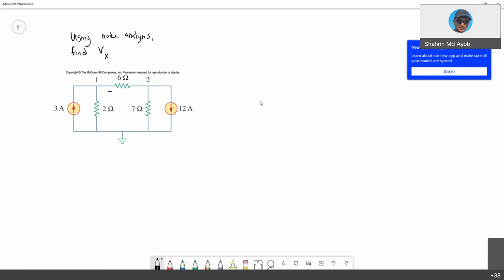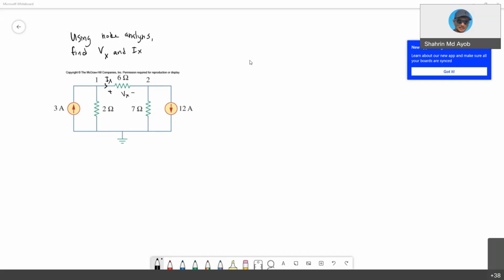So what is Vx? This is your Vx. And Ix, for example. Okay, so Vx and Ix. So the question is this, but you need to solve Ix and Vx by using nodal analysis.